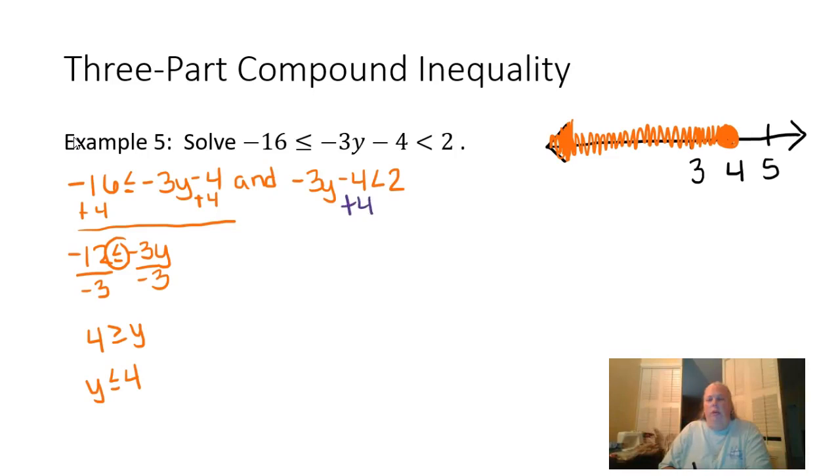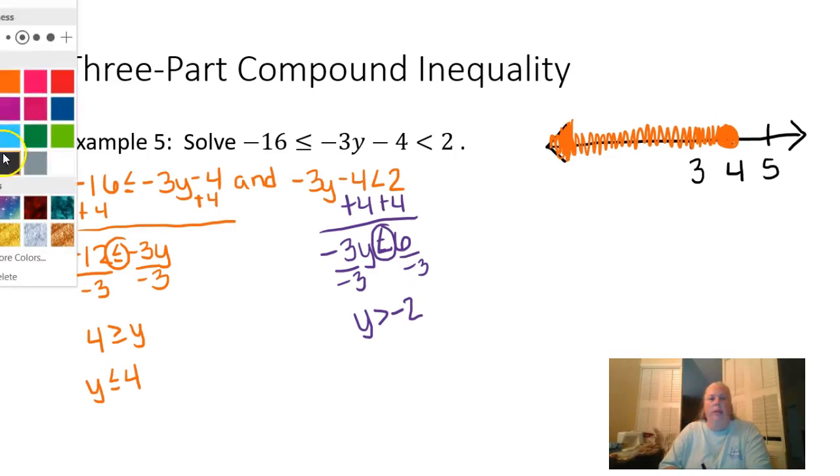We'll add 4 to the other side. This is going to leave me with -3y less than 6, sorry. When I divide by the -3, I want to be sure and turn the sign around in the other direction, so we have y is greater than -2. Alright, now let's add that graph over here.